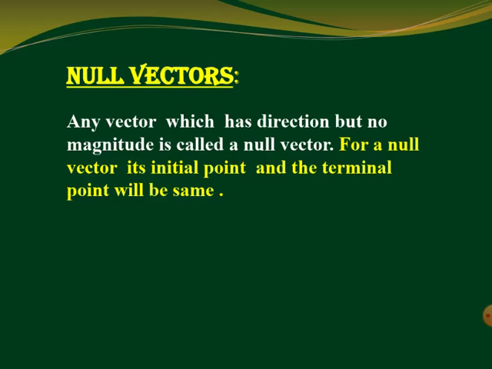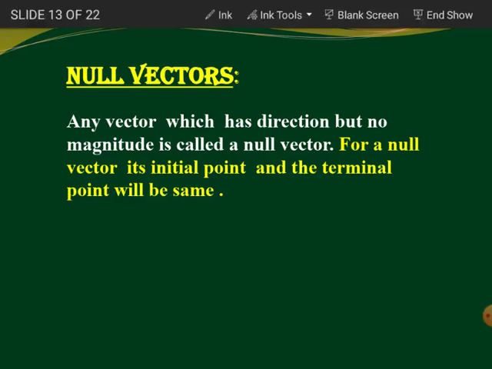Next is the null vector. We sometimes also call it the zero vector. Any vector whose magnitude is equal to 0 we call a zero vector. Got it? So your null vector will be represented by a zero vector like this.